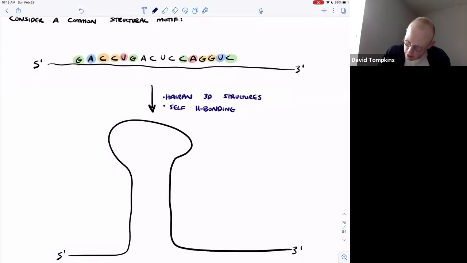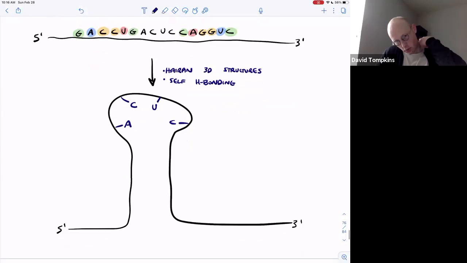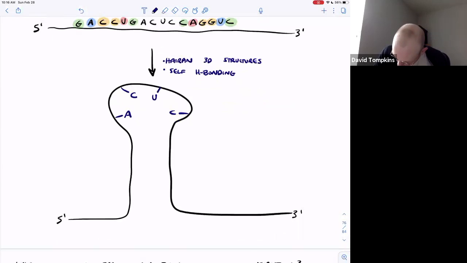So up here in the non-hydrogen bonded portion, we'll have A, C, U, C. And then towards the 5' end in the hydrogen bonding segment, we're going to have guanine, adenosine, two cytosines, uracil, and guanine.